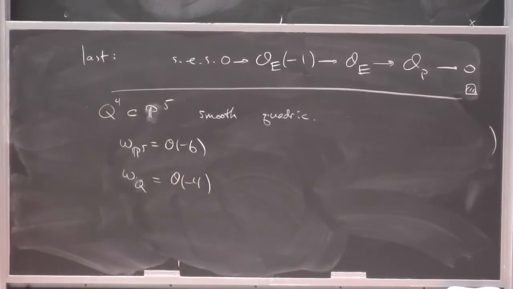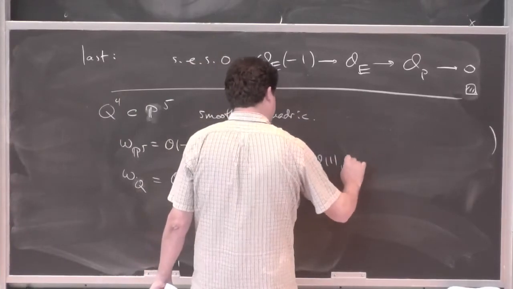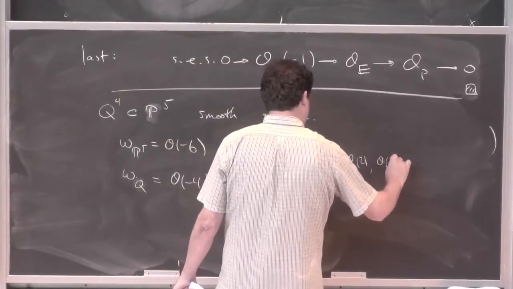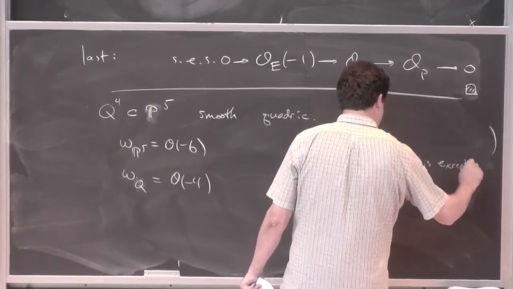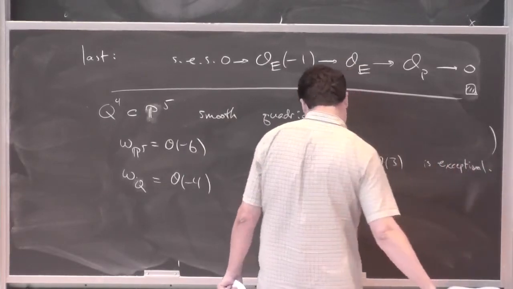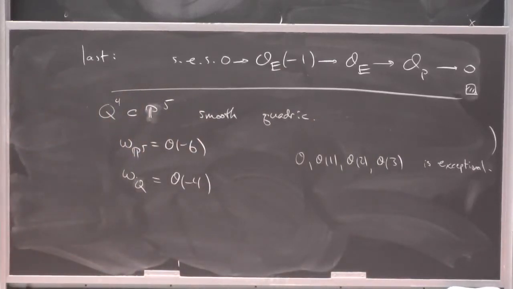And so we had an exceptional collection, O of 1, O of 2, O of 3 is exceptional. But I claim it's not full.